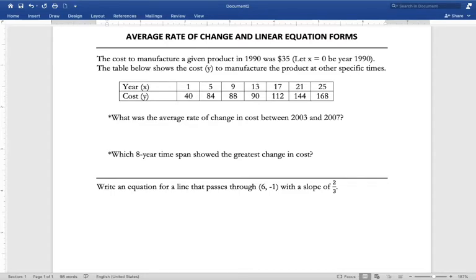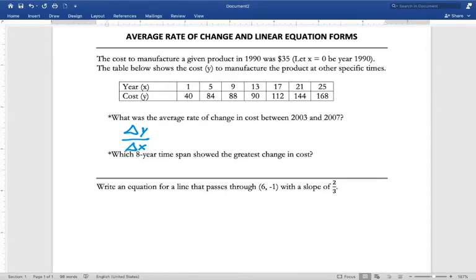And calculus is all about the instantaneous rate of change, but it is based on average rate of change, which is basically a slope. So to find slope, we know that the slope is defined as the change in y divided by the change in x.